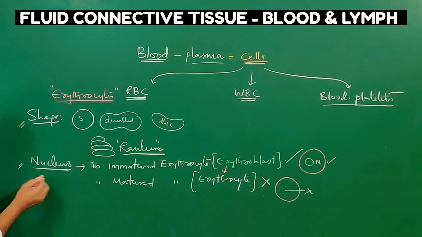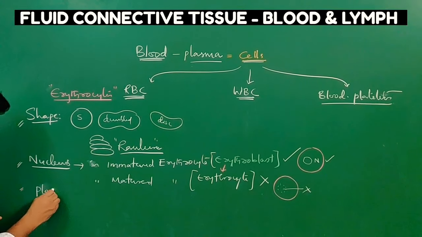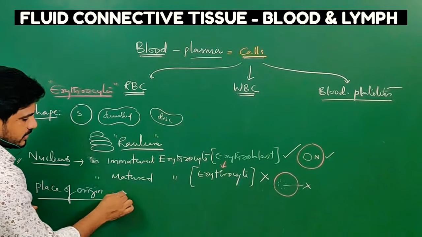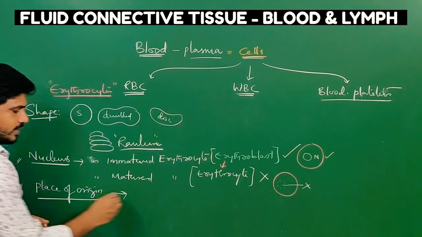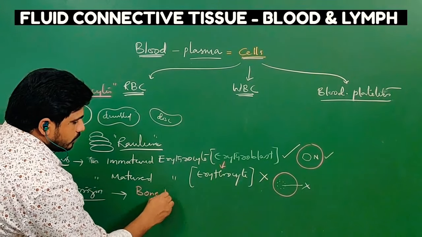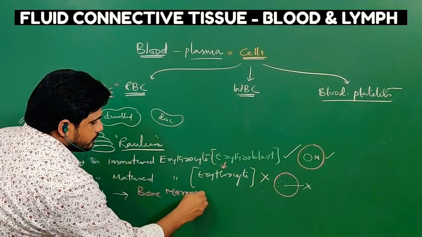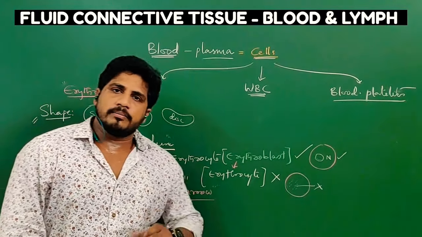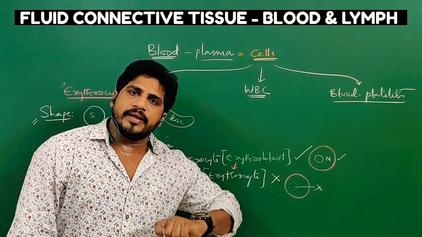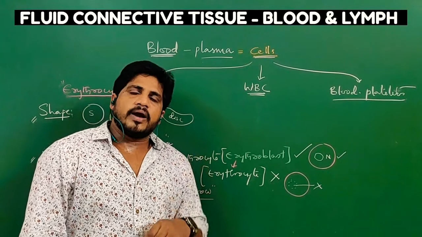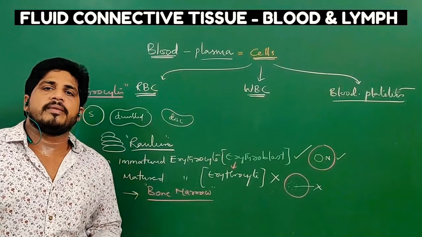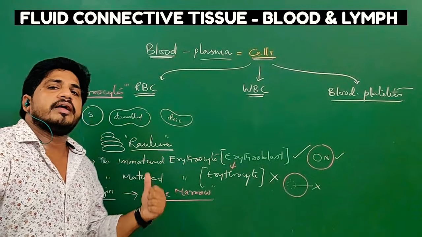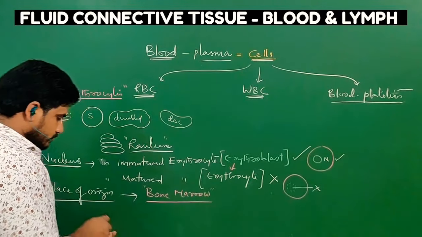Next one, place of origin. Where does RBC originate? The answer is bone marrow. In the last video session, we observed the red bone marrow and white bone marrow. In both places RBC will be produced, but in the white bone marrow, nothing but yellow bone marrow, it is very little, whereas in the red bone marrow, the percentage is more.